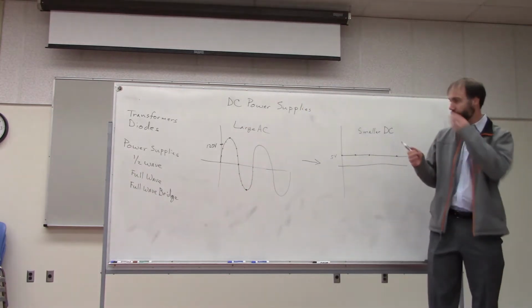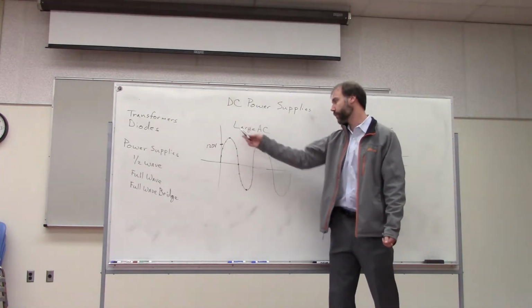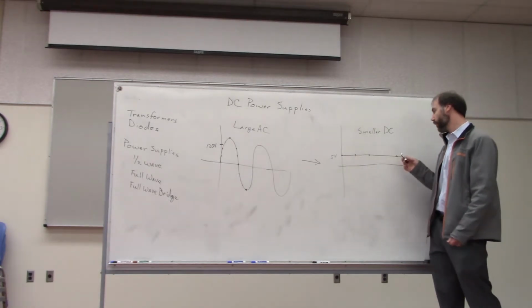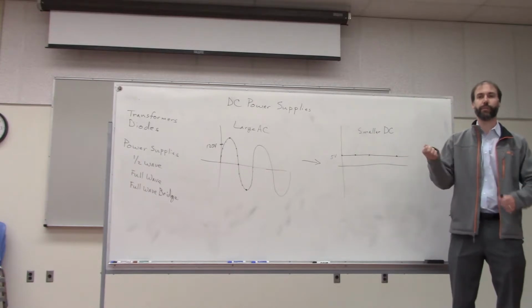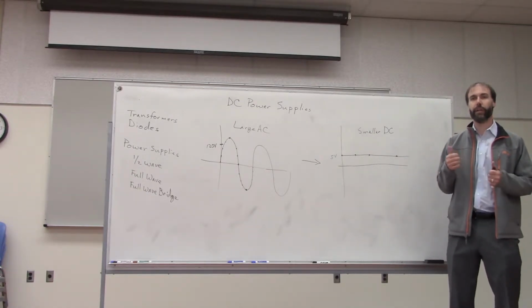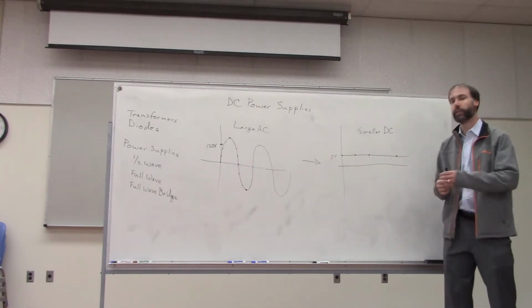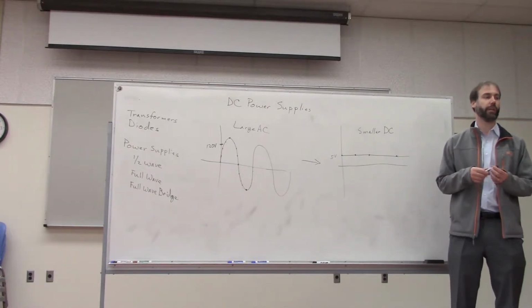So anyway, that's a quick aside. So we're taking this signal that's coming out of the wall that's 120 volts RMS and converting it down to a smaller level like this. If you have one of those USB chargers that has the little USB plug in it, the USB plug is creating 5 volts. Okay, so you'd be turning that into a 5-volt signal. If you're charging your laptop, that might be 12 volts or 20 volts.